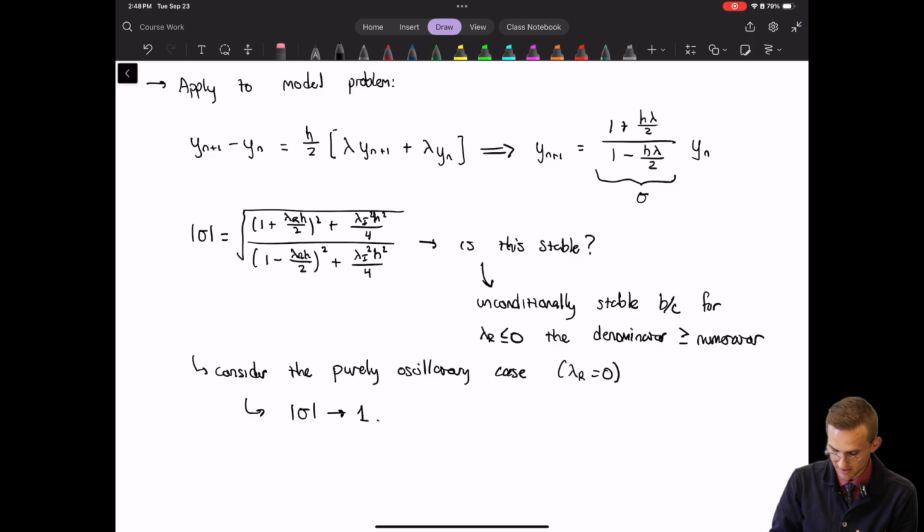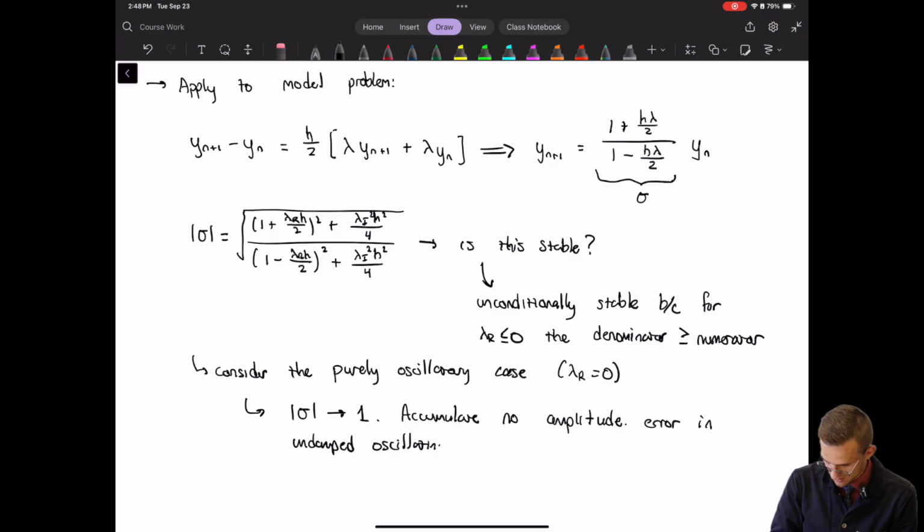And so you actually accumulate no amplitude error in undamped oscillating systems. And this is another point to take into account.